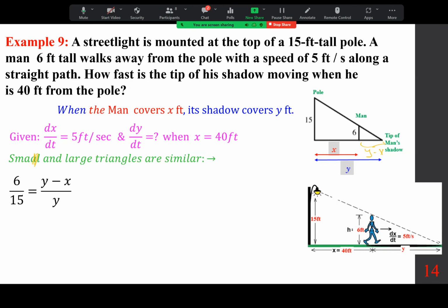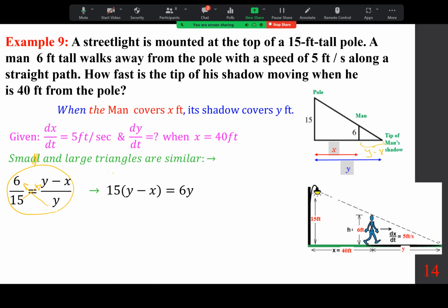And that's the key, understanding similar figures and how they work. And so all we have to do is cross multiply. The whole thing ends up being about this equation: 15 times y minus x equals 6 times y.